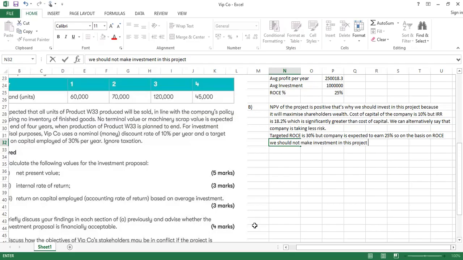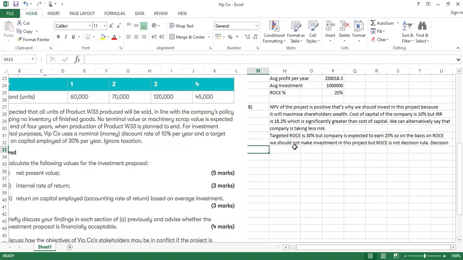But ROCE is not decision rule. Decision rule is always NPV, which is positive.